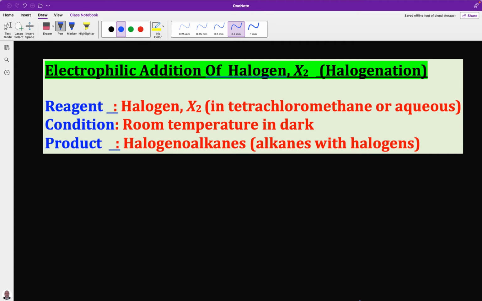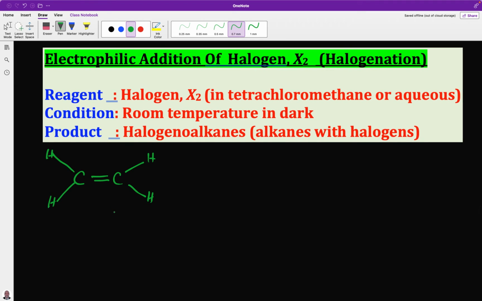So the halogen bromine, this is how the structure is written. For ethene, we will have ethene.